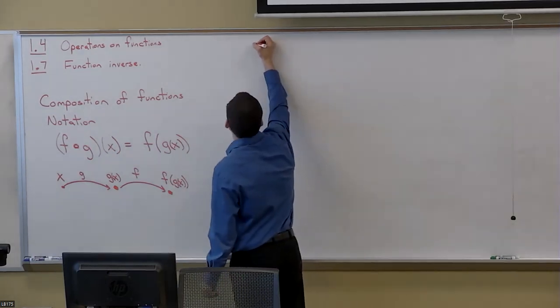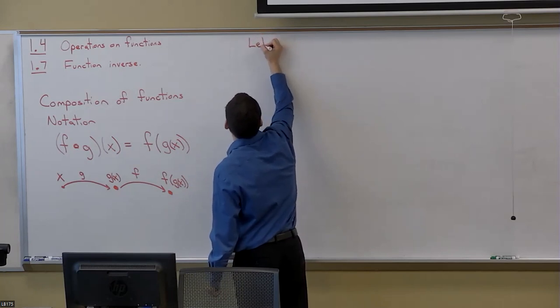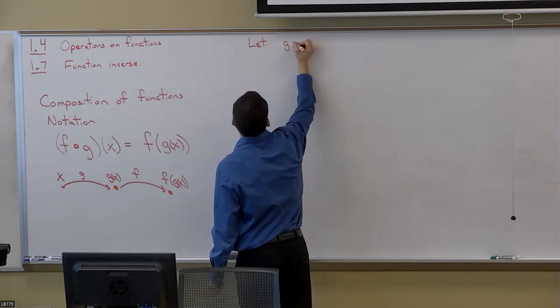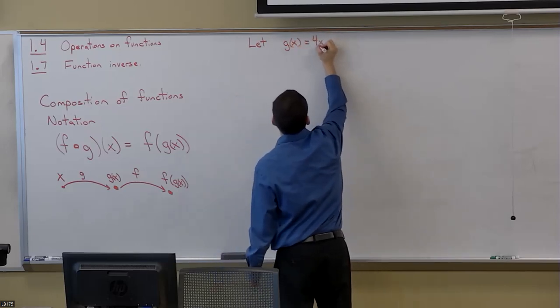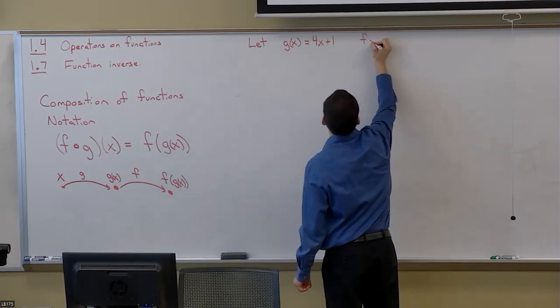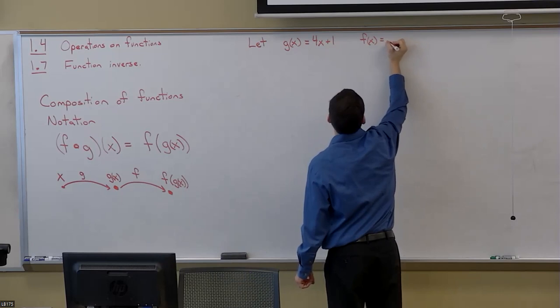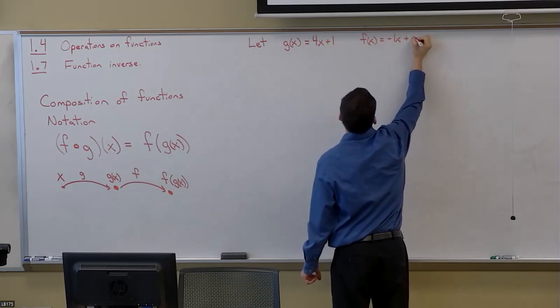So let's do this numerically and algebraically. Let's say we want g of x to be 4x plus 1 and f of x to be negative 1x plus 8.